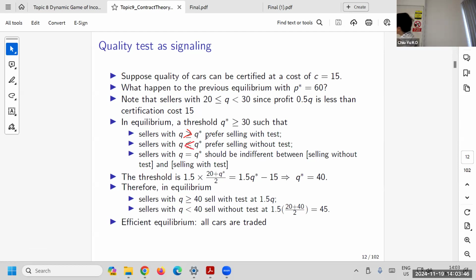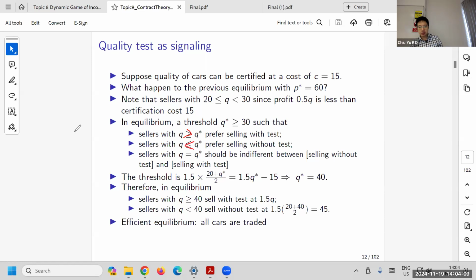So when the Q is super large, you want to test it, and less than that you don't, and in the middle you would be indifferent. Look at the guy who is indifferent. The right hand side is very easy, very simple.